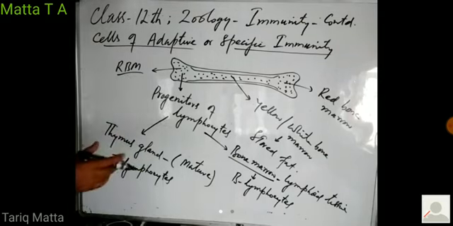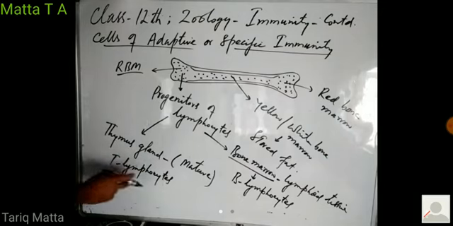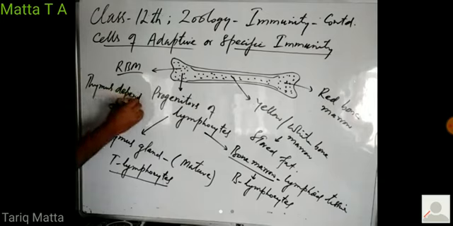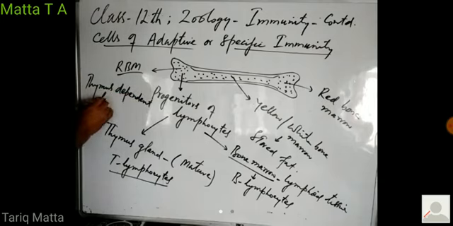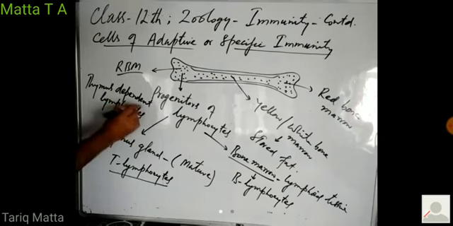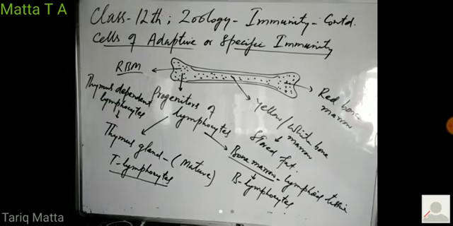Those lymphocytes which mature in the thymus gland are known as T lymphocytes, or thymus dependent lymphocytes.